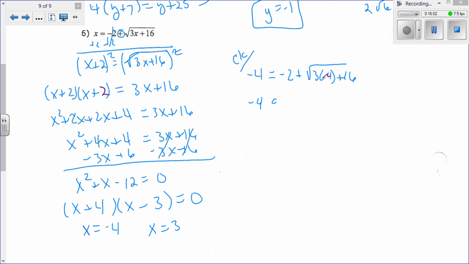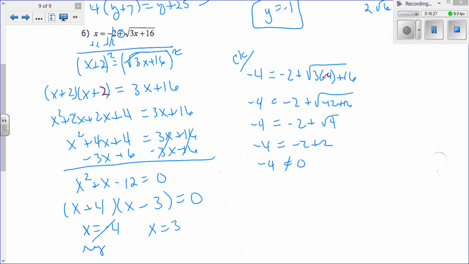So negative 4 equals negative 2 plus the square root of negative 12 plus 16. So negative 4 equals negative 2 plus the square root of 4. So negative 4 equals negative 2 plus 2. So negative 4 equals 0, and that is not true. So I'd have to reject that.